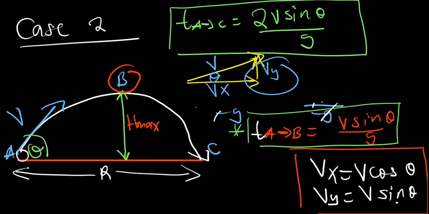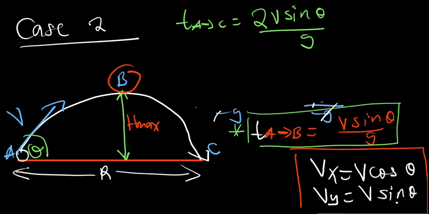When something is moving in this direction horizontally, meaning we're dealing with Vx. I think I've made myself clear there. Okay, so allow me to put these formulas here. We are saying T from A to B is V sine theta divided by G. Simple.